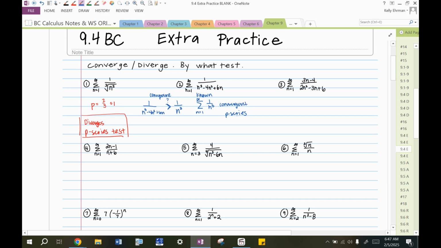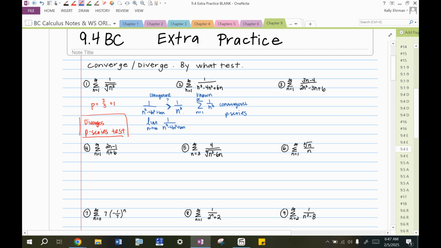Okay, so we know that. And then because I'm not quite sure of this relationship, if this is correct or not, I'm going to do the limit comparison test. If I'm right about this, I would need limit comparison test because if the convergent series is on the bottom, then we don't know what's happening to the top. So 1 over n to the third minus 4n squared plus 6n.